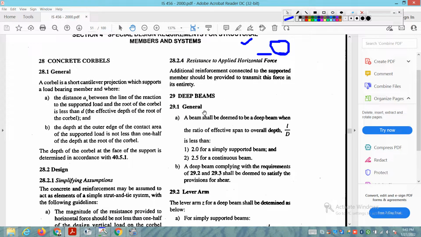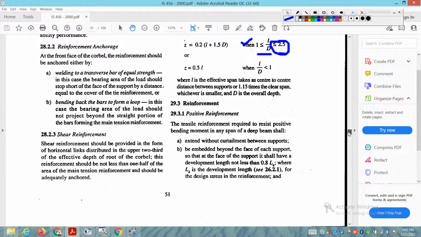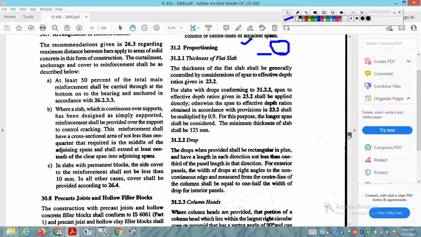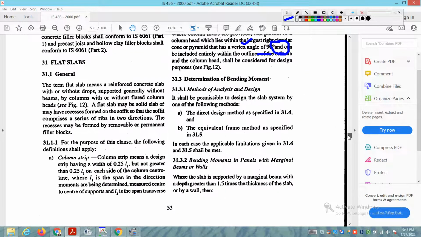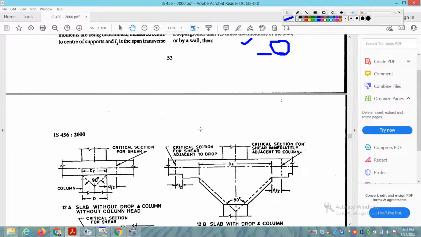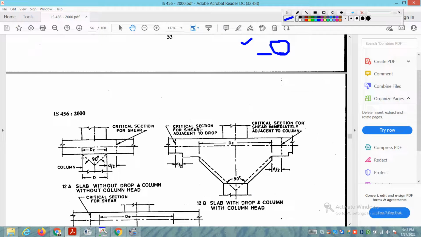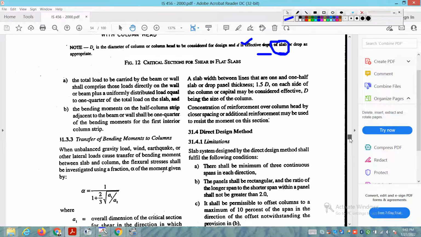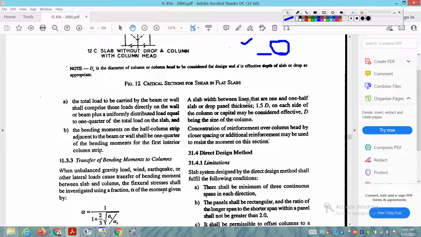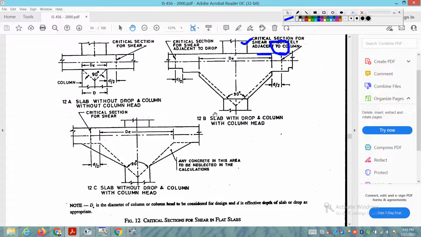See, for deep beams design, what are the criteria to be considered to design deep beams. It is given here. Then see this in designing of flat slabs, the critical sections for shear in flat slabs, at what distance they should be taken.